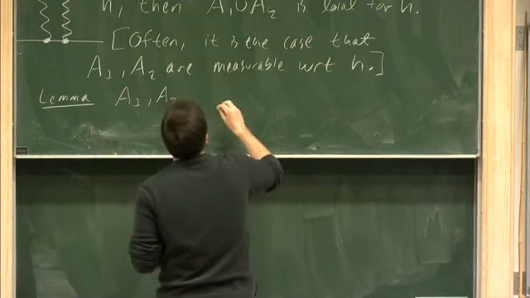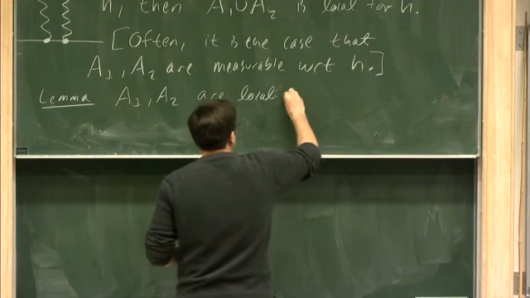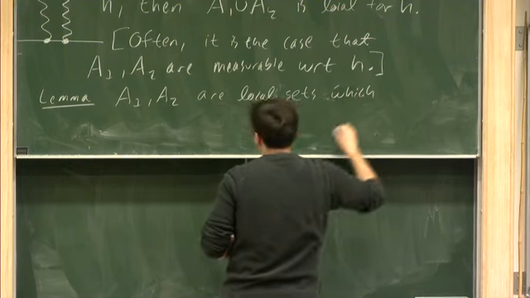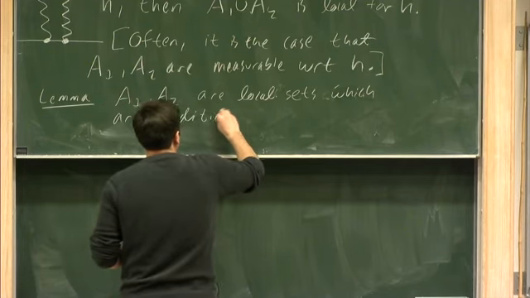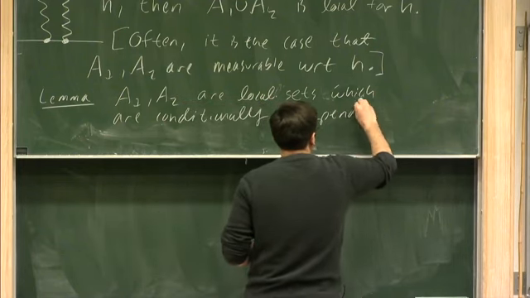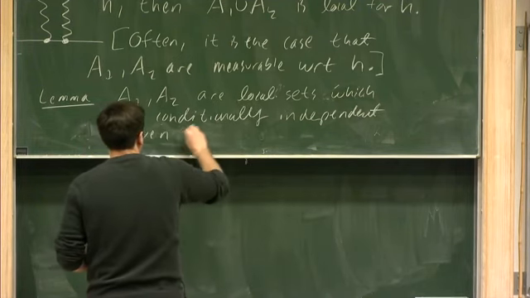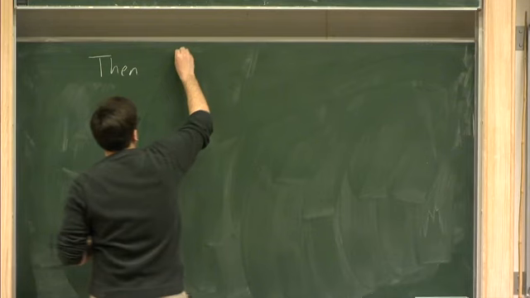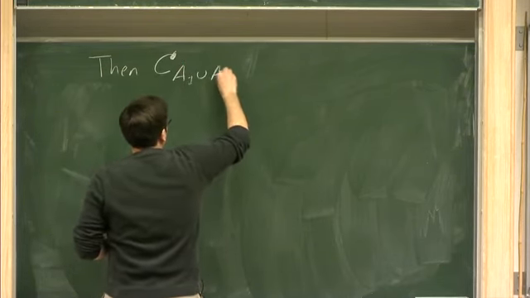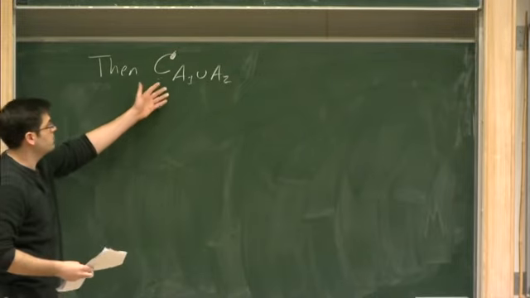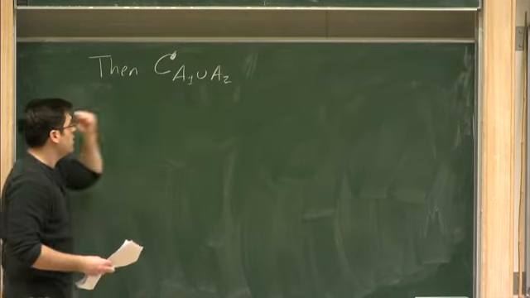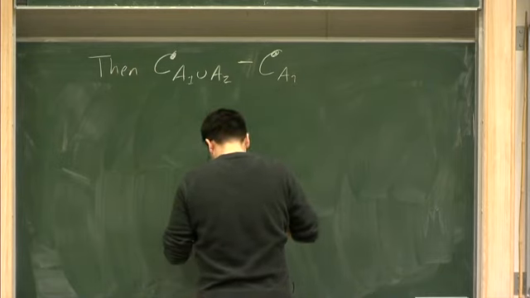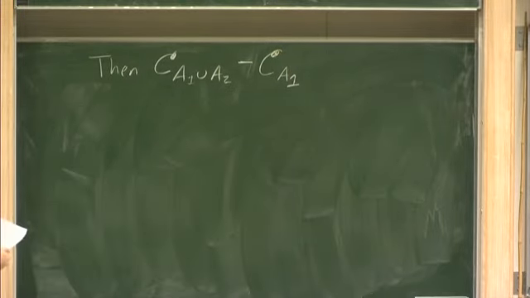Again, if you have A1 and A2 local sets of the Gaussian free field, which are conditionally independent given H, then it's true that if I look at the conditional expectation of the Gaussian free field given these two local sets, this function is going to agree with the conditional expectation of the Gaussian free field given just one of the local sets.